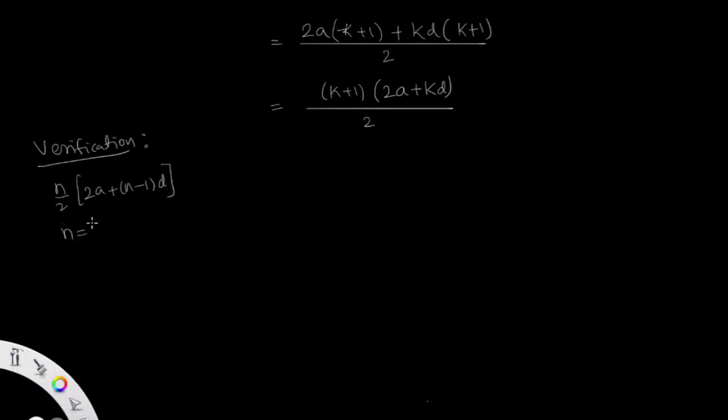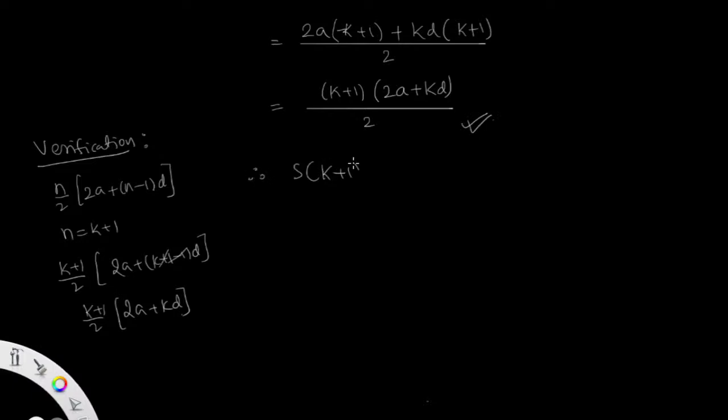That is, put n equal to K plus 1 in the RHS, then K plus 1 by 2 into 2A plus K plus 1 minus 1 into D. So that is K plus 1 by 2 into 2A plus KD, which is equal to K plus 1 by 2 into T. So the question is verified. Therefore, this is verified that S of K plus 1 is true.